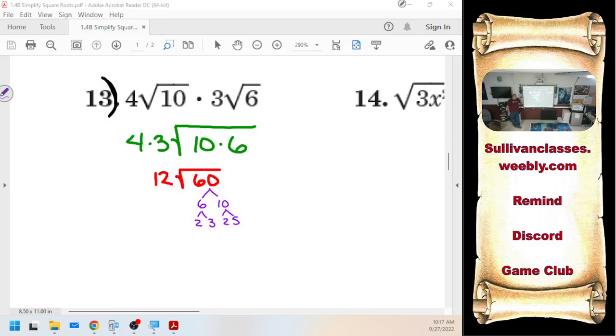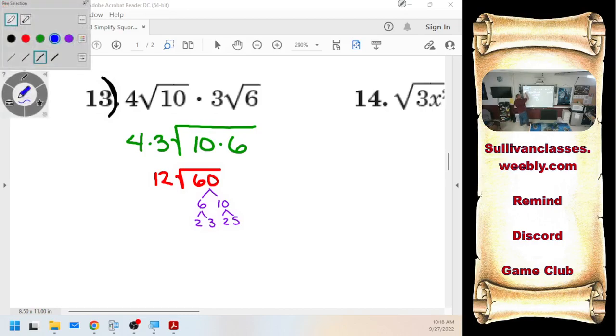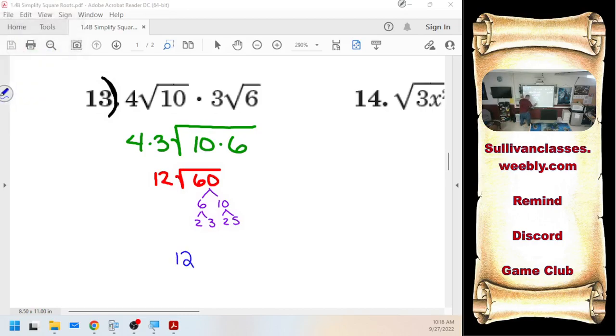You break up that inside radical jail as much as you can. So if this is 2 by 2 by 3 by 5, who can get out of radical jail?